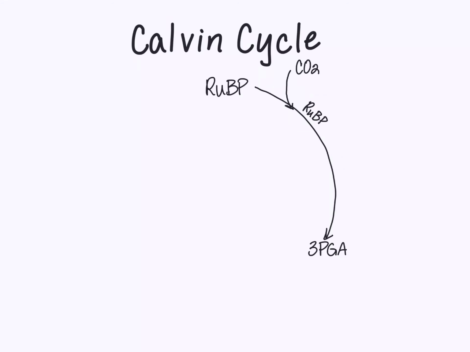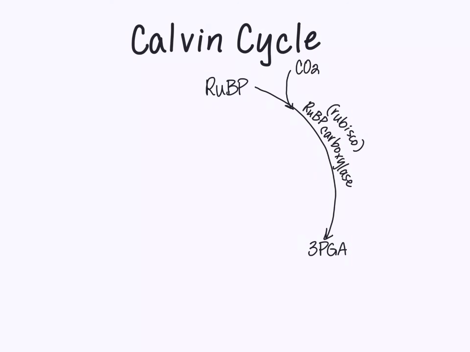So let's do a quick review of the Calvin cycle. So remember that the Calvin cycle starts with this molecule known as RuBP. RuBP combines with carbon dioxide to form molecules known as 3-PGA. And this reaction is catalyzed by an enzyme known as RuBP carboxylase, which is also called Rubisco.